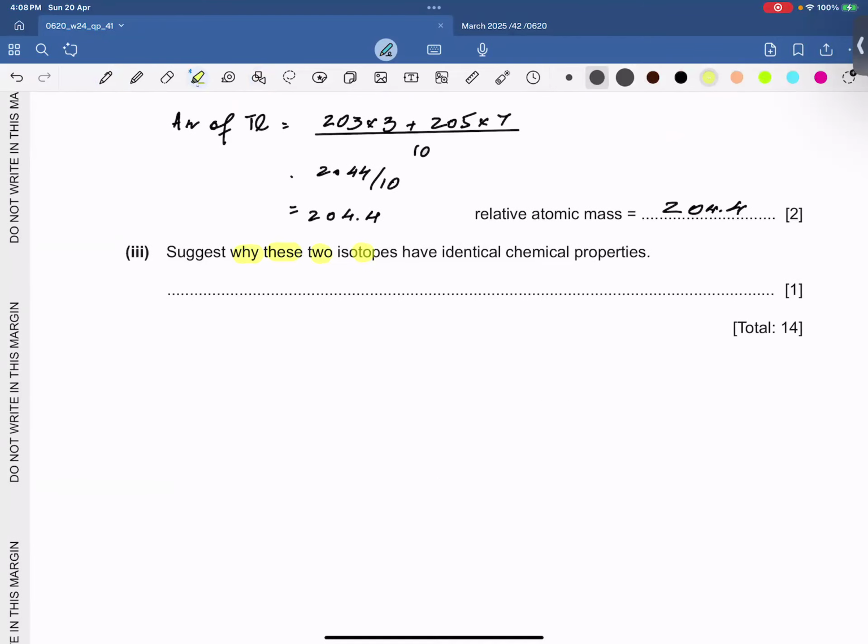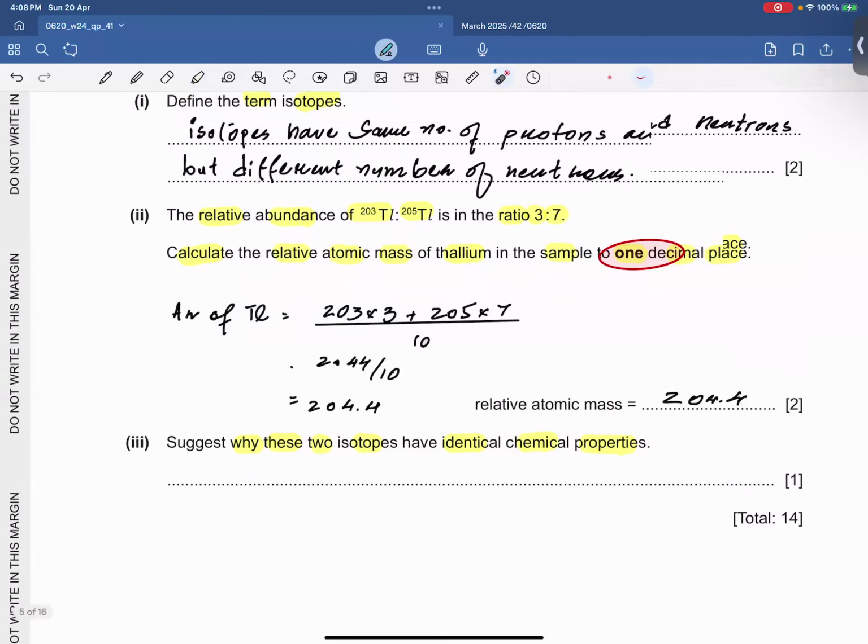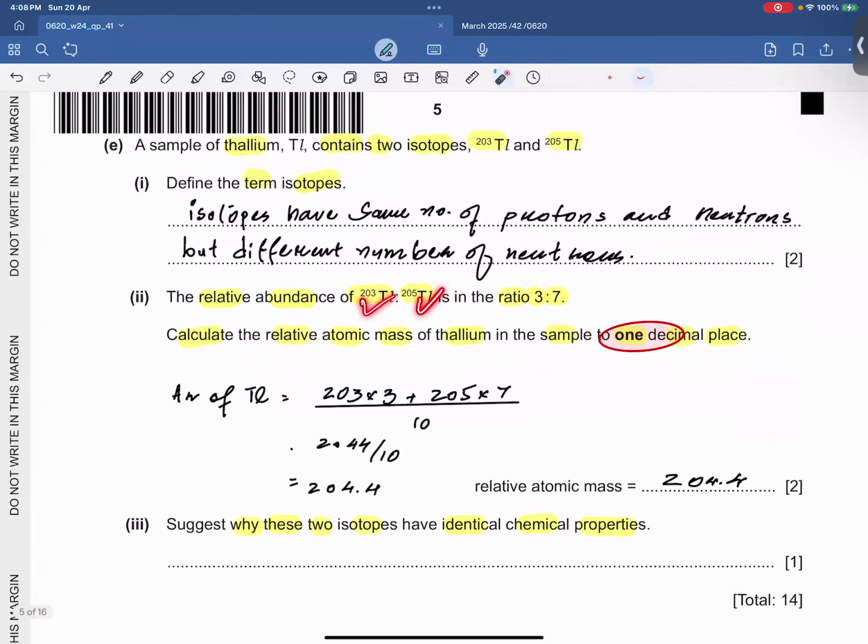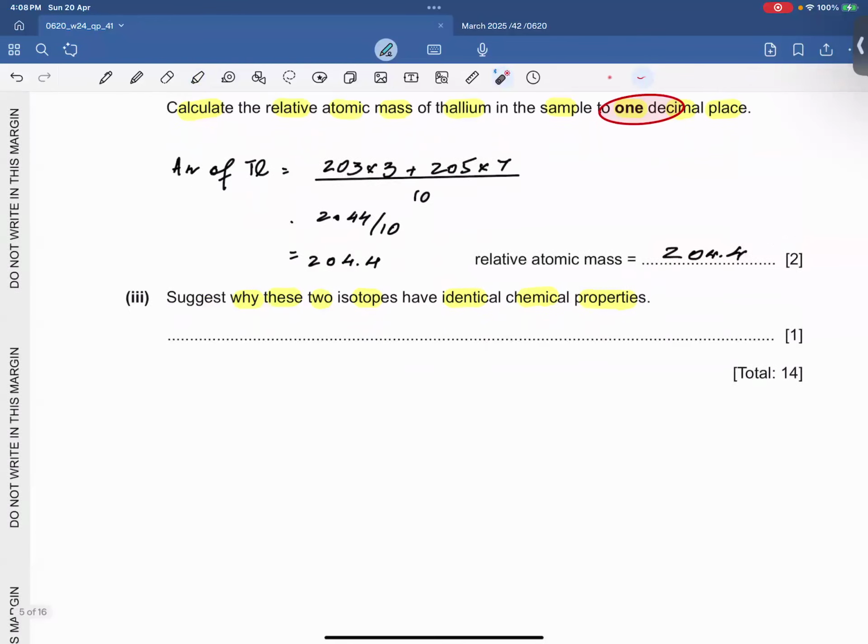Suggest why these two isotopes have identical chemical properties. So identical chemical properties depend on the number of electrons. Both of them have same number of electrons, which is why they have same chemical properties. Okay.